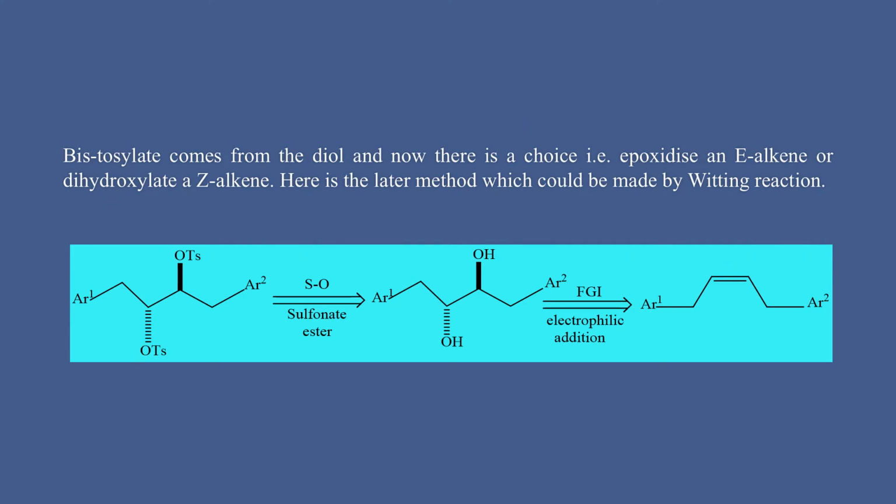Here is a bistosylate which can be prepared from the diol, as these both are trans to each other, and both tosylates can be prepared from the diol. These are trans, so these can be obtained by using FGI by the hydroxylation of alkene, and this alkene can be prepared by Wittig reaction.